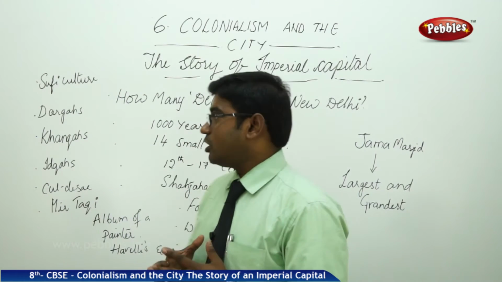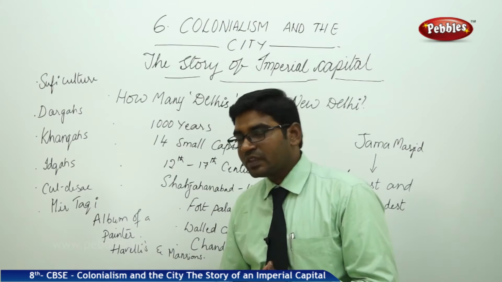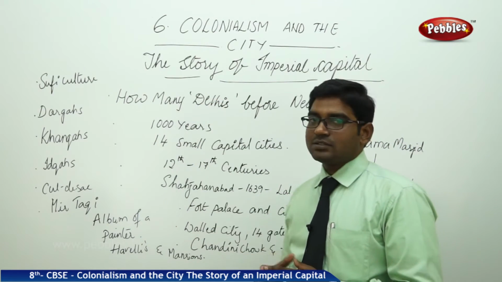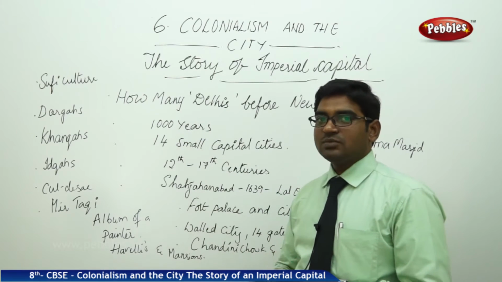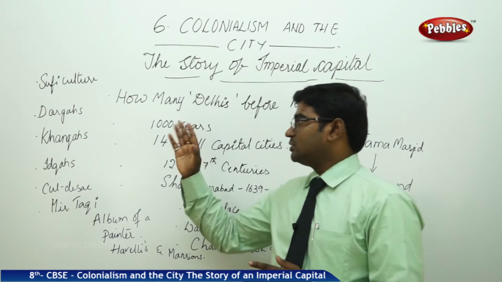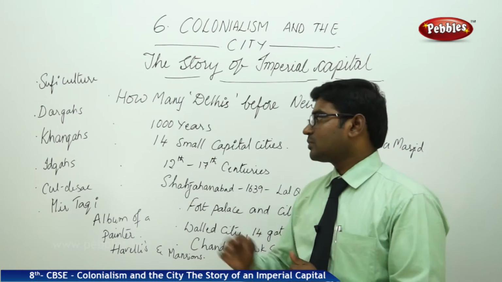And let's move on to the details of what was the dominant culture during that period in Delhi. It was the Sufi culture. So it had dargahs, khanqahs, eidgahs and cul-de-sac. Dargah, the tomb of the religious guru of a Sufi.